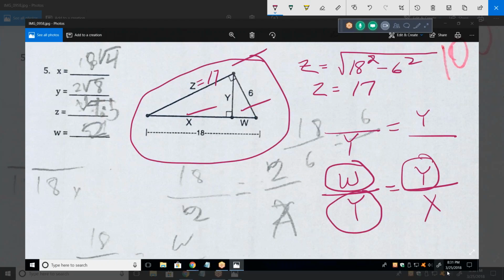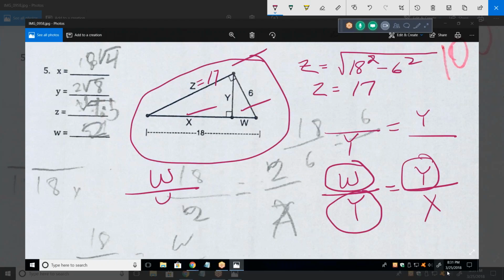Okay, so if we fill in everything, what do we have? We don't know w yet, so we have w over y.